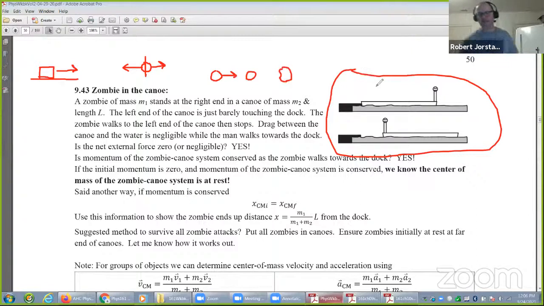This is a little bit different. This is an object that changes shape. It deforms. Do you see that this is a little bit different than any of these other things?